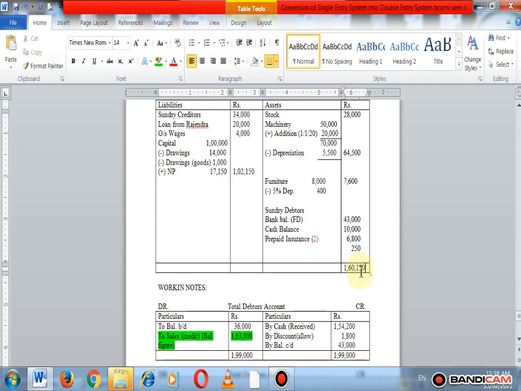1,60,150. So the total of the asset side is equal to 1,60,150. So we make the total of the liability side. The total of the liability side is equal to the total of the asset side, 1,60,150. So here our balance sheet tallies. It means our solution is correct.